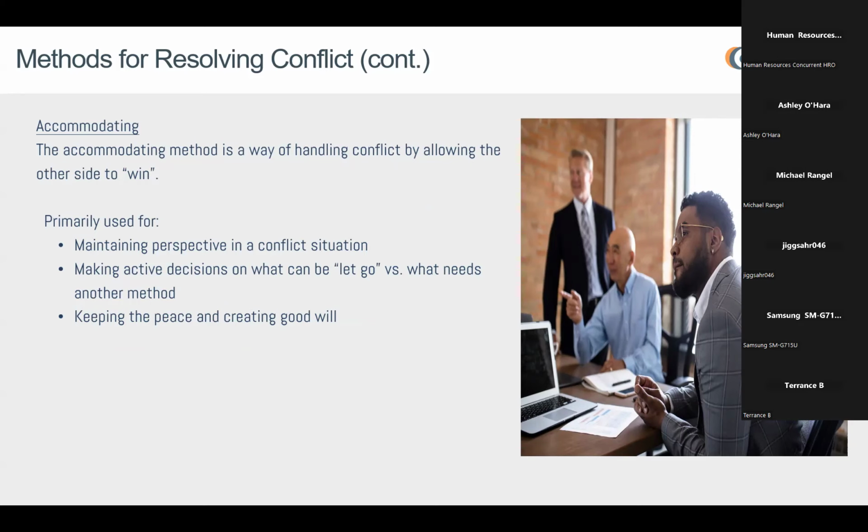All right. And keeping the peace and creating goodwill. This is absolutely something that can provide a win for the employees or the other side, and thus maintaining respect, maintaining a sense of camaraderie or teamwork.